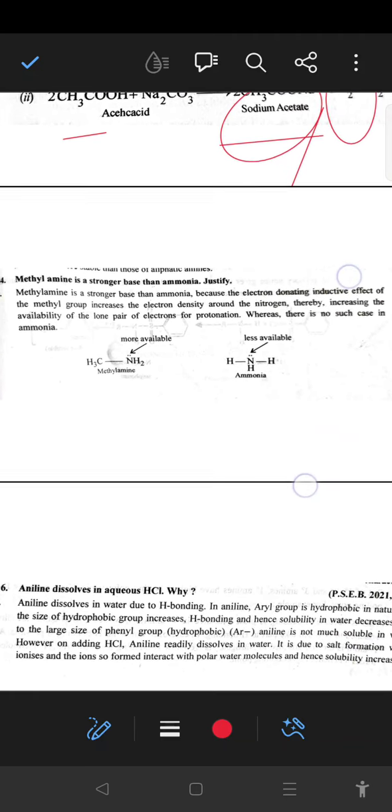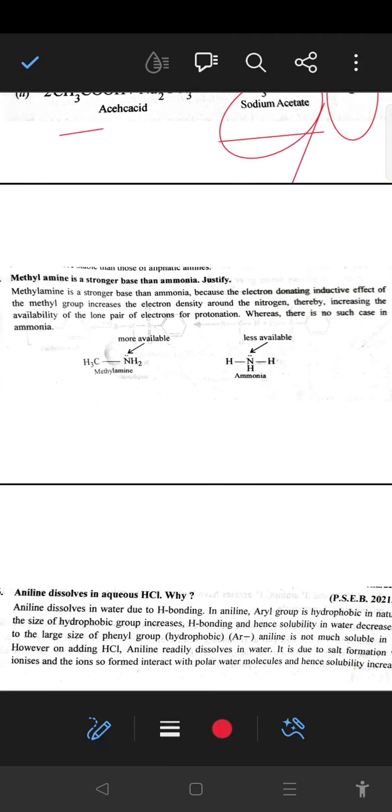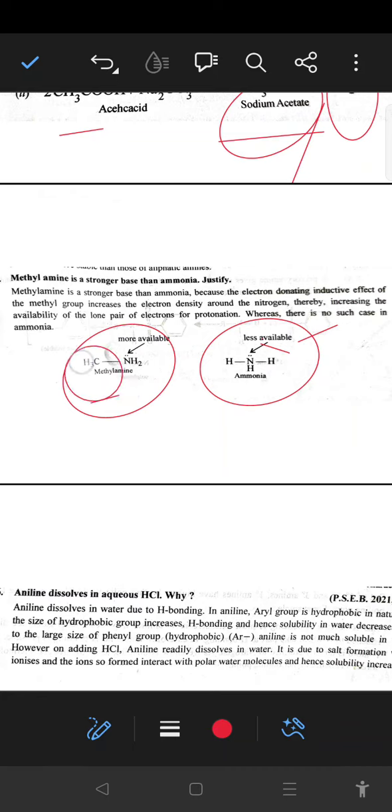Next, methylamine is a stronger base than ammonia. In methylamine and ammonia, the nitrogen has a lone pair of electrons, but in methylamine there is a CH3 group that shows a +I effect, an electron releasing group that will increase the electron density on the nitrogen atom.